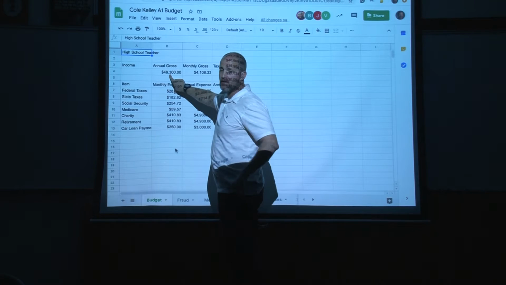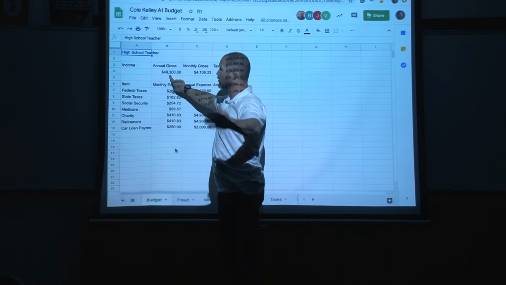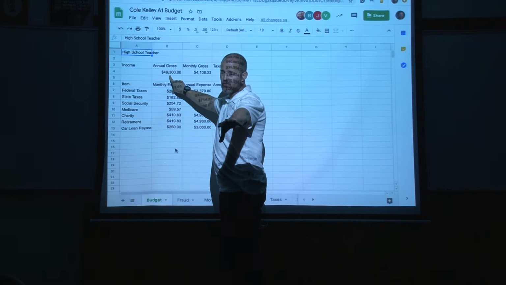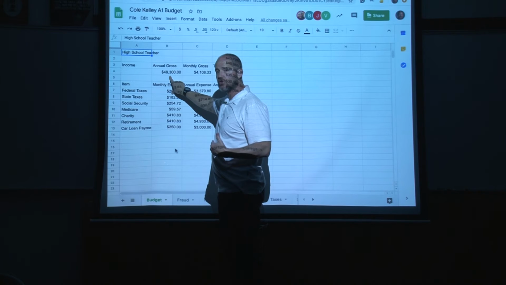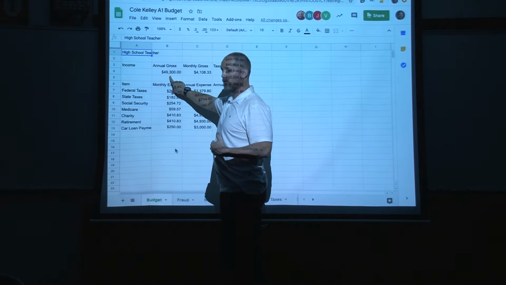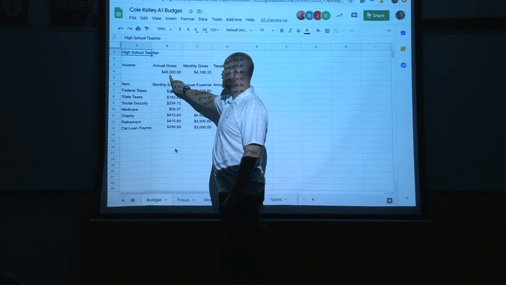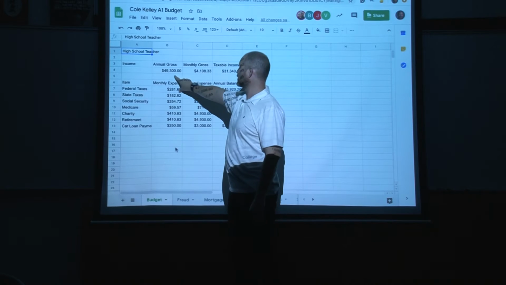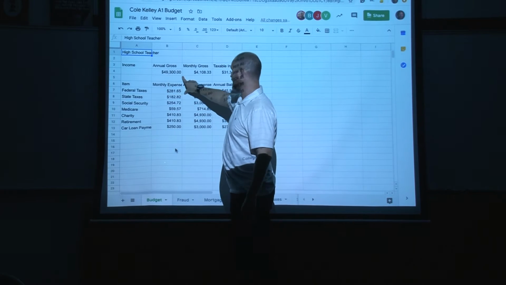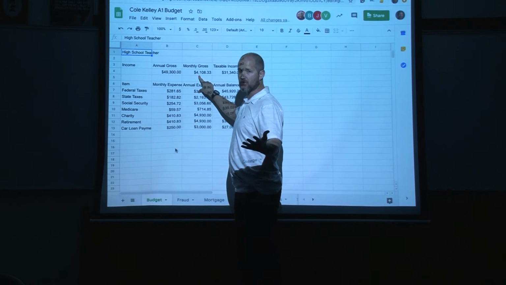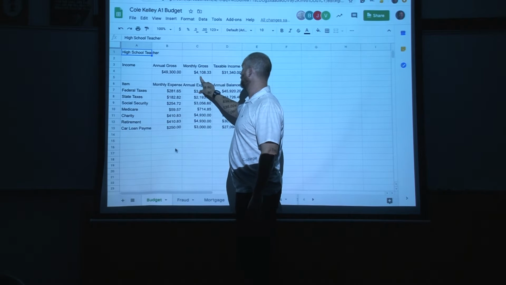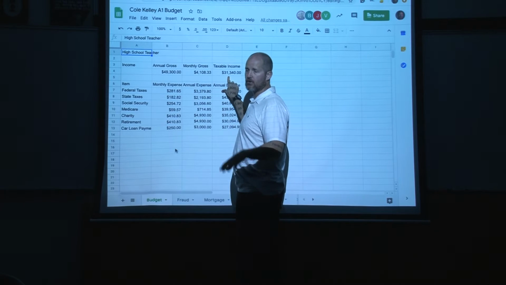Now that was based on that percentage that I said, hey, when we did the career cluster inventory and you chose a job, you based that salary on whatever it said on your career cluster inventory, okay? Now, I took my annual gross, I divided it by 12, that gives me my monthly gross income. Okay, and this is my taxable income.